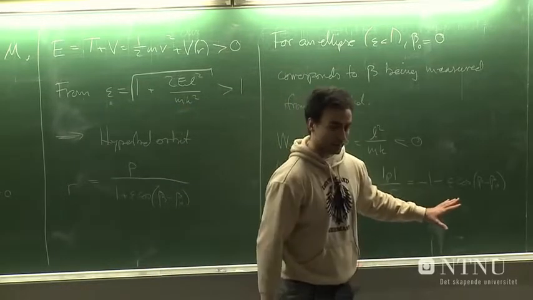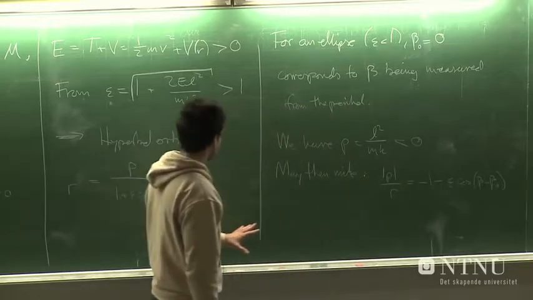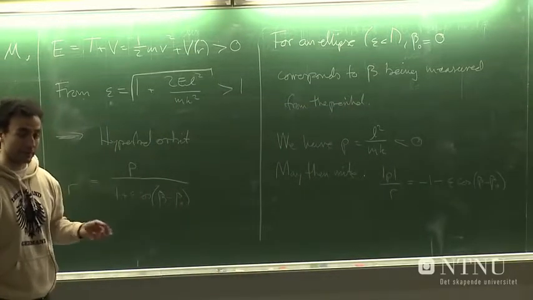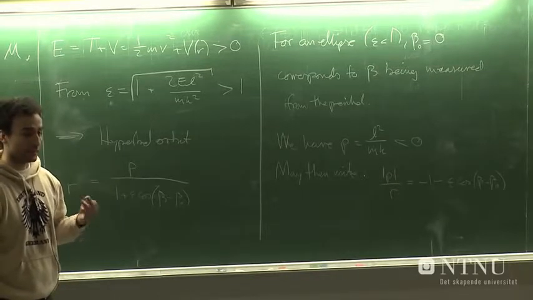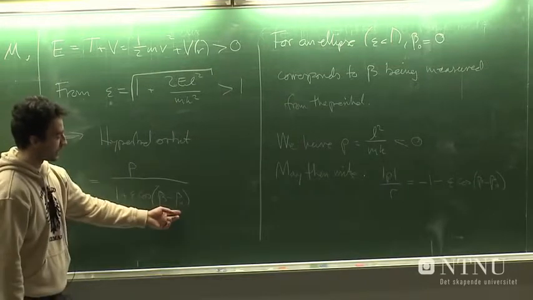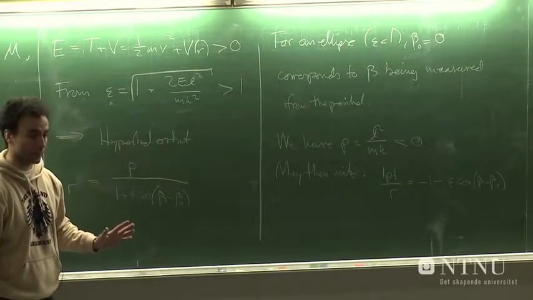The reason for why I've done this is to show you that we now have to choose beta 0 to have a different value if we still want beta, the angle, to be measured from the perihelion. Beta 0 equals 0 no longer corresponds to the perihelion.